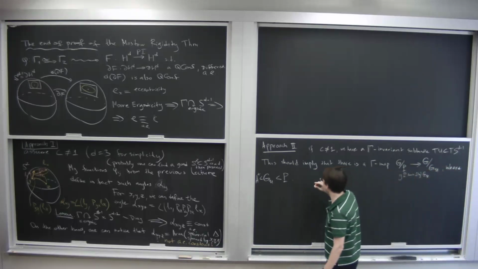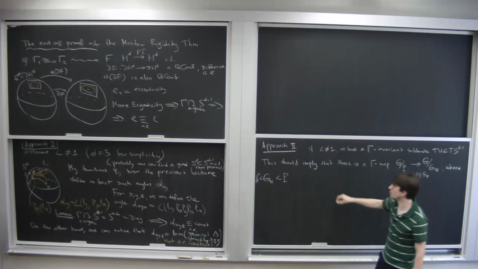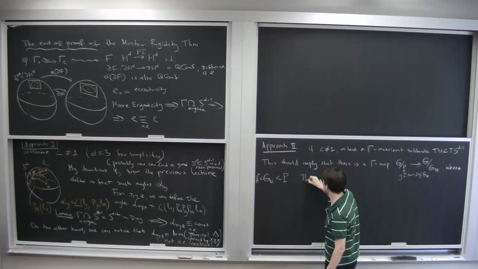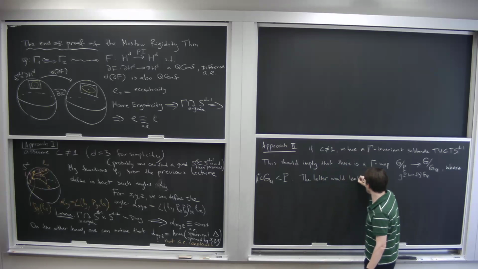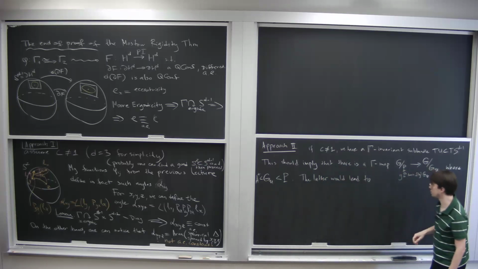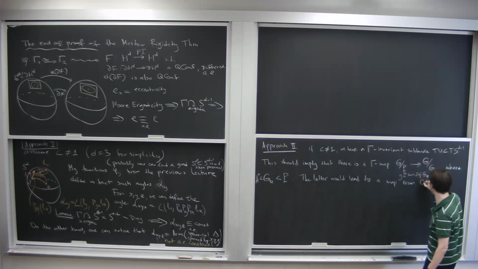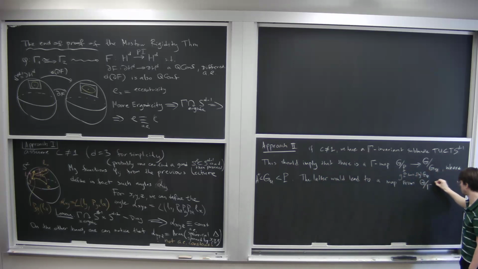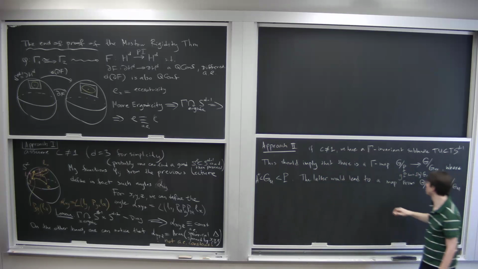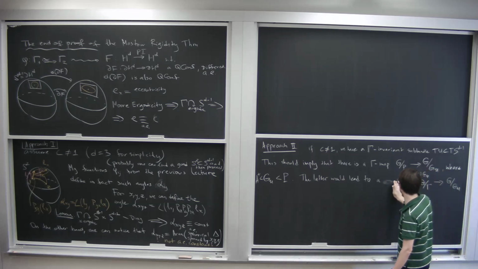And eventually this would lead to, so let me just write, the latter would lead to a map from G mod gamma to G mod GU. Okay, to a P invariant map.